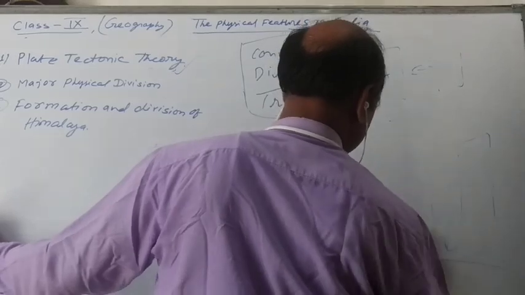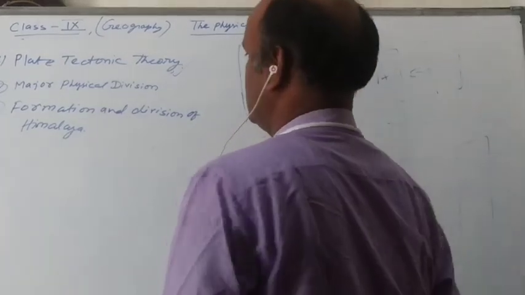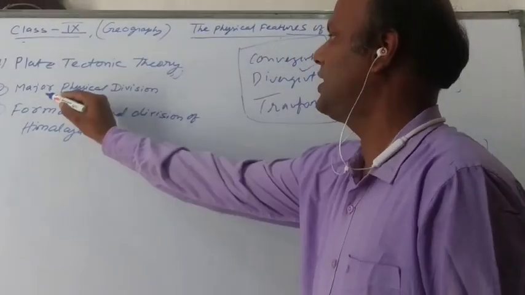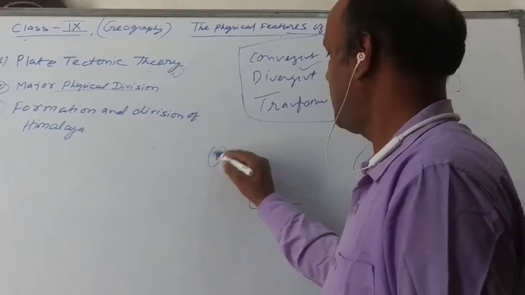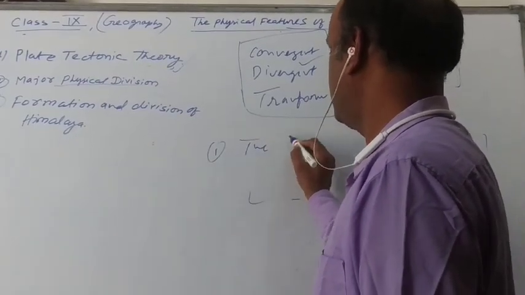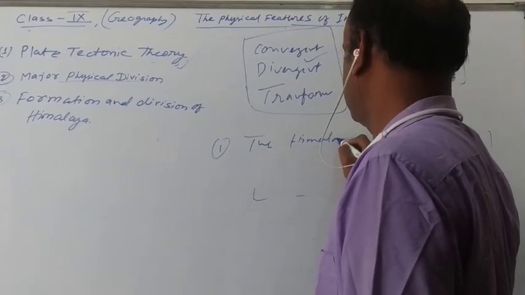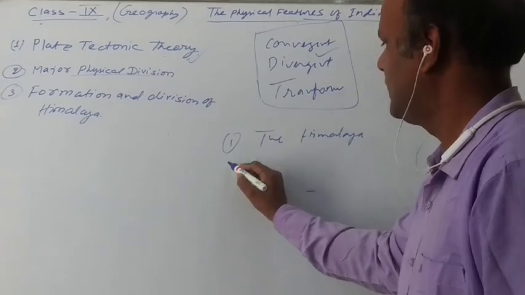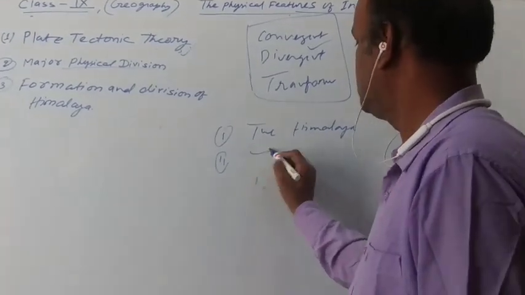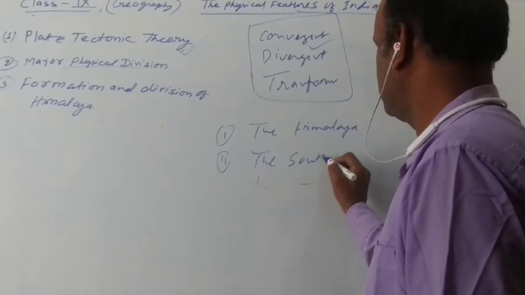The first major physical division is the mountains, the Himalaya. Second one, the southern peninsular plateau.